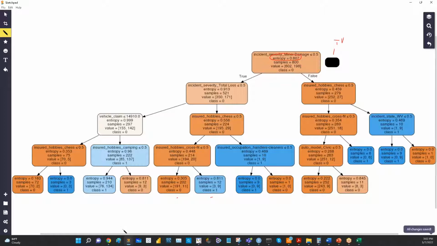So let's say that Afifa just calls in to report a claim. And I'm going to ask you questions, Afifa. If you don't mind, can you please help us? So what is your incidence severity? Is it less or higher than 0.5?